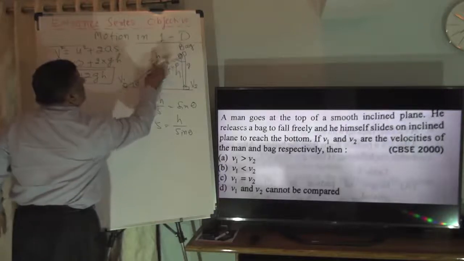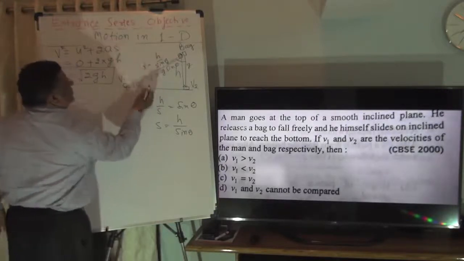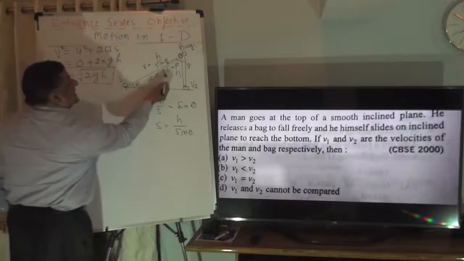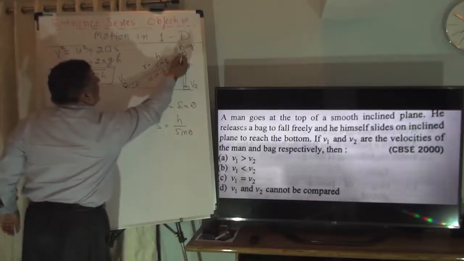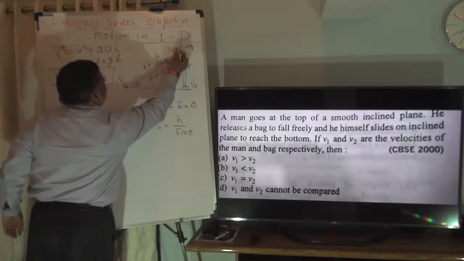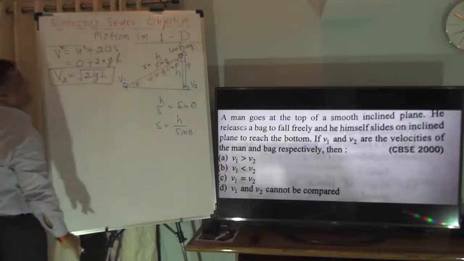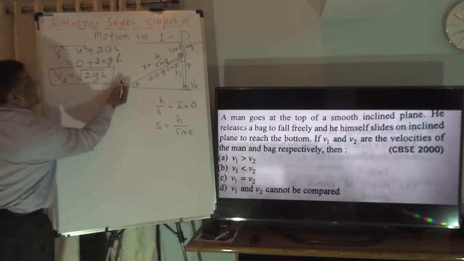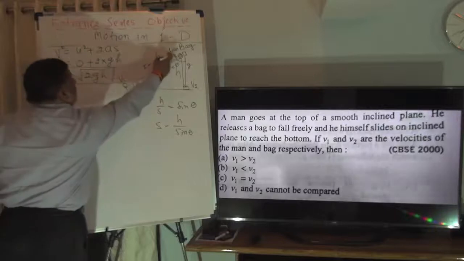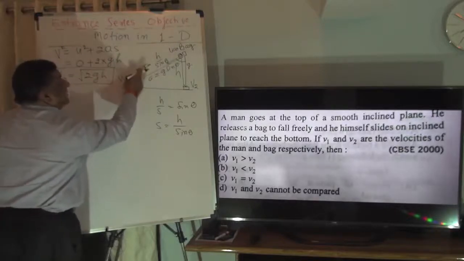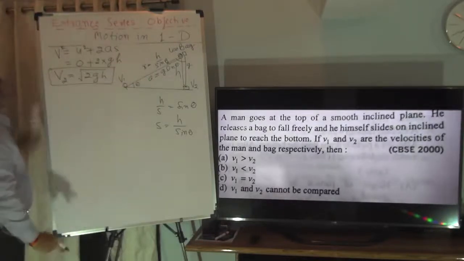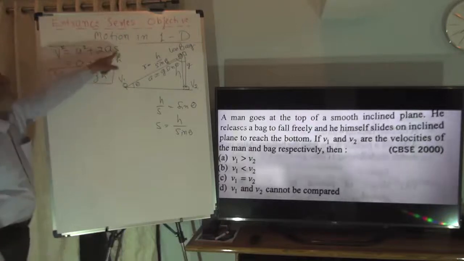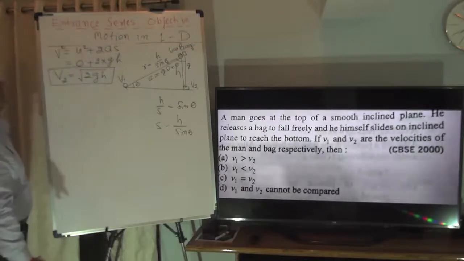Number one, displacement x is equal to h upon sine theta, acceleration is g sine theta, and what is the initial velocity? 0 in this direction. What are we supposed to find out? The final velocity. Initial velocity, final velocity, displacement, acceleration. Same formula we will use here.